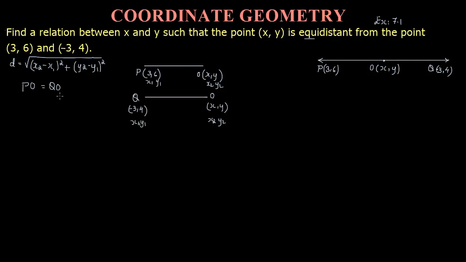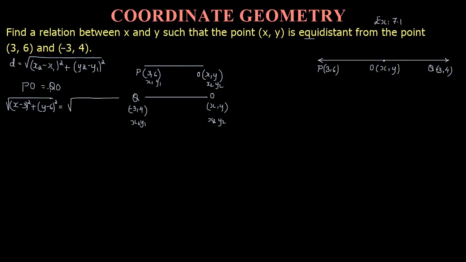So as these two distances are equal, we will just write the distance formula for PO, then we will write the distance formula for QO, right? With their own coordinates, right? So x2 is nothing but x here, -3 whole square plus y -6 whole square, right?